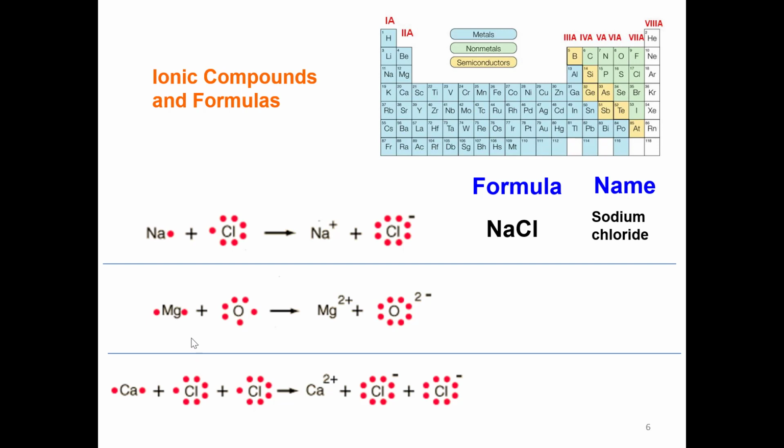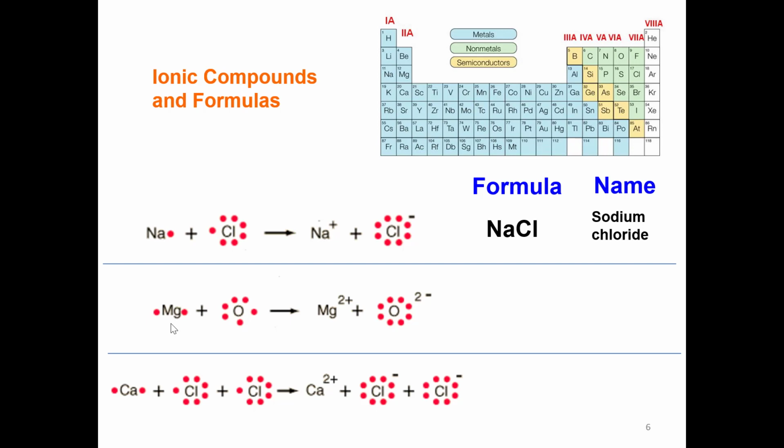In order to be stable, magnesium needs to lose 2 electrons. In this way, magnesium will have the neon electron configuration. In the case of oxygen, oxygen needs to gain 2 electrons to get the neon electron configuration.